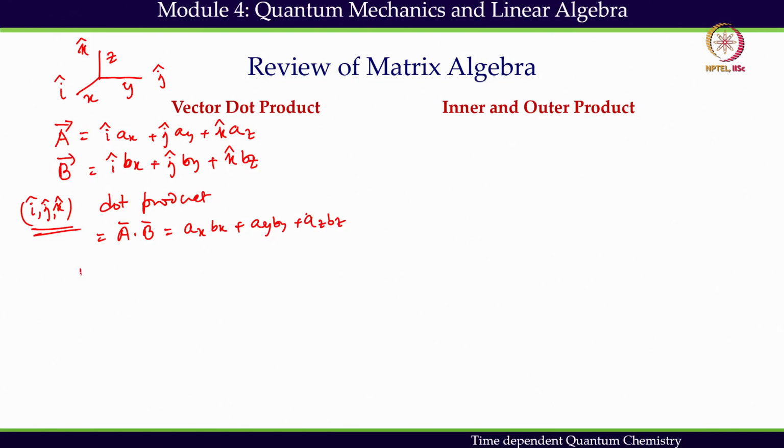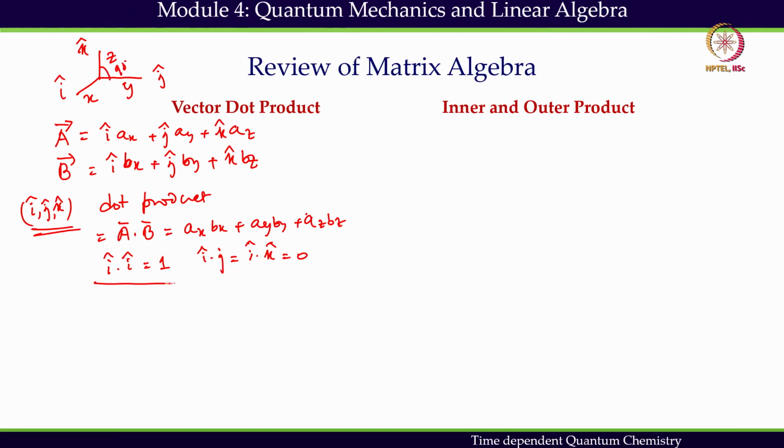It is because i dot i would exist, it will be 1, but i dot j or i dot k, they are all 0, because they are perpendicular. It becomes cos theta, so i dot i is nothing but 1 multiplied by 1 multiplied by cos theta. Cos theta is going to be cos 0 because the angle is 0, so we get 1, while for perpendicular vectors the angle is 90 degrees and we get 0.